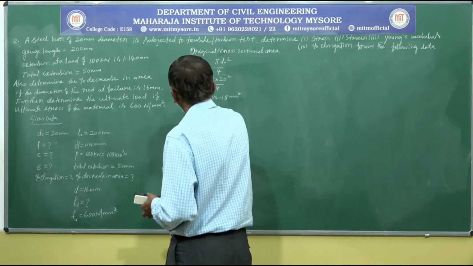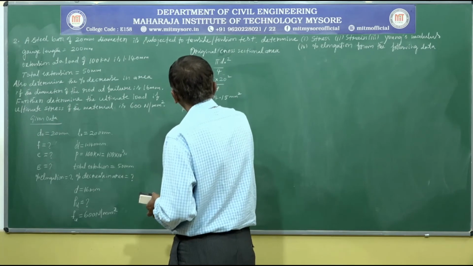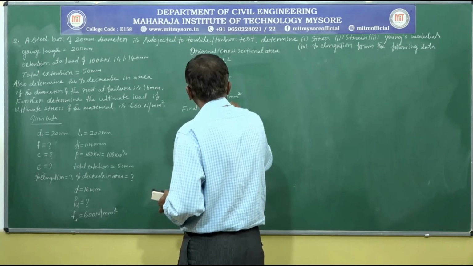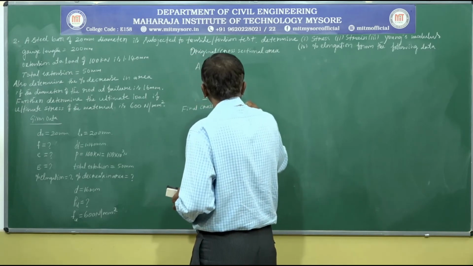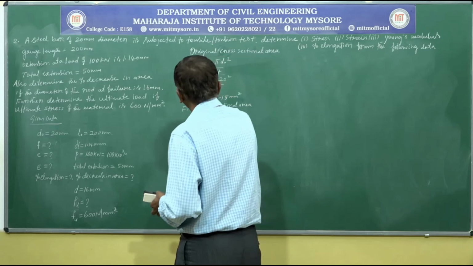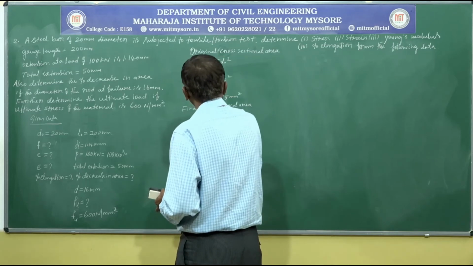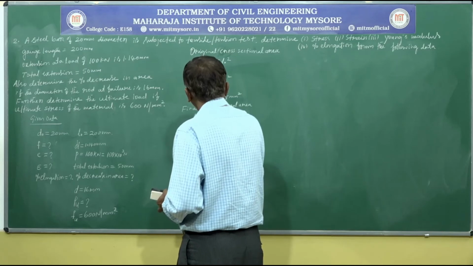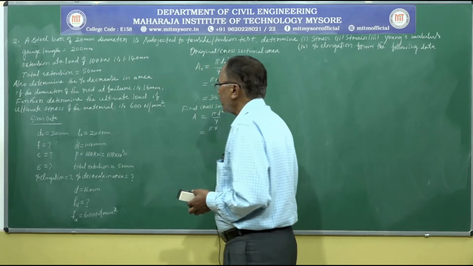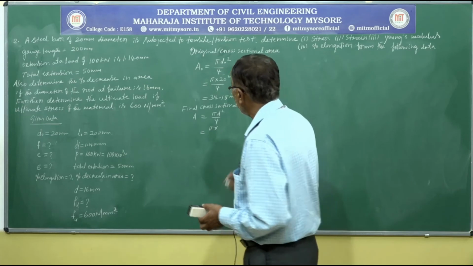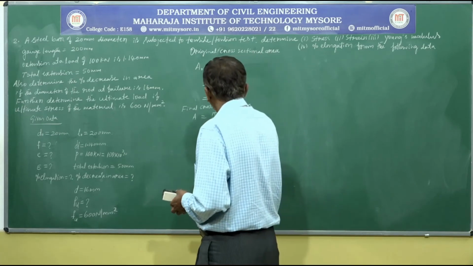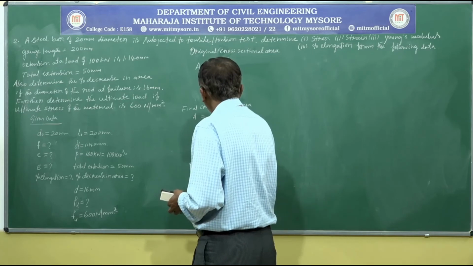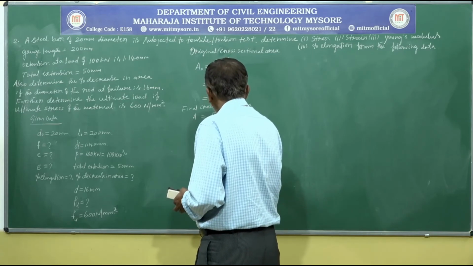Then final cross-sectional area A is equal to pi D square divided by 4, where the final diameter of the specimen is 16 millimeter. Pi into 16 square divided by 4 is equal to 201.06 millimeter square.